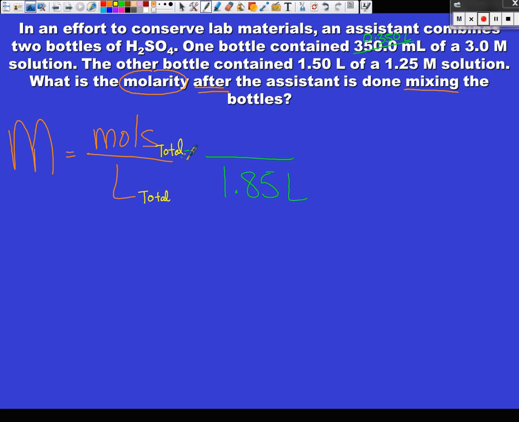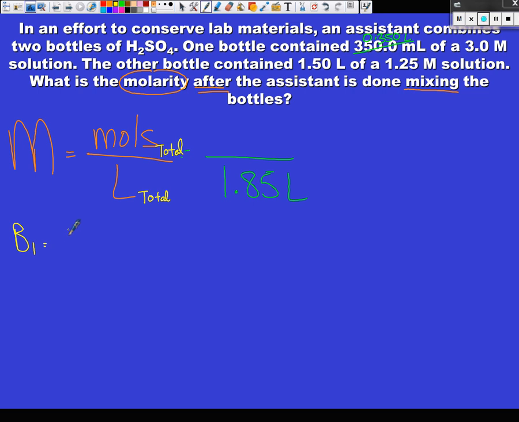Now, this becomes a little bit simpler of a problem. I need moles of both bottles. Bingo. But how do I find moles of each one of my bottles? Very good. So, let's say bottle 1, and I'm just going to go in order.